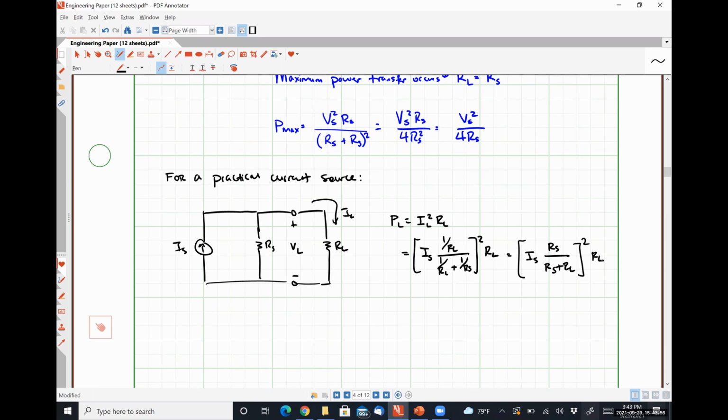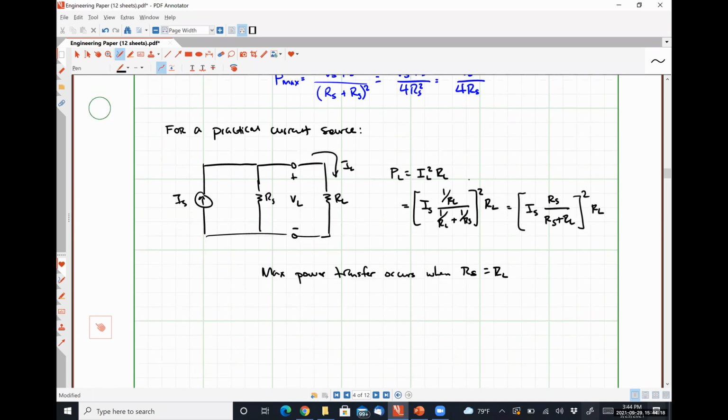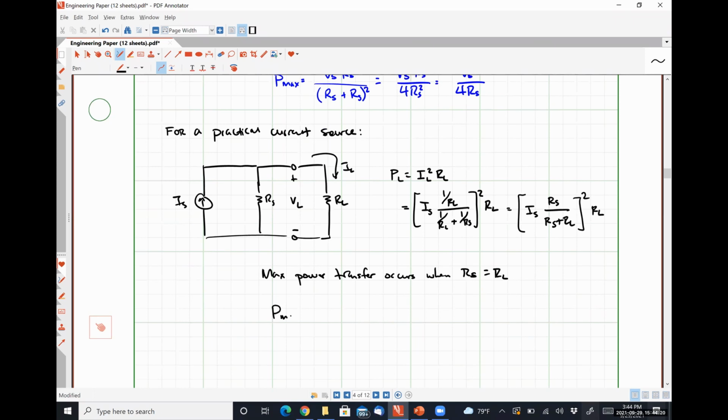Maximum power transfer occurs for a practical current source when RS is exactly equal to RL. And maximum power now will be 1/4 IS squared times RS.